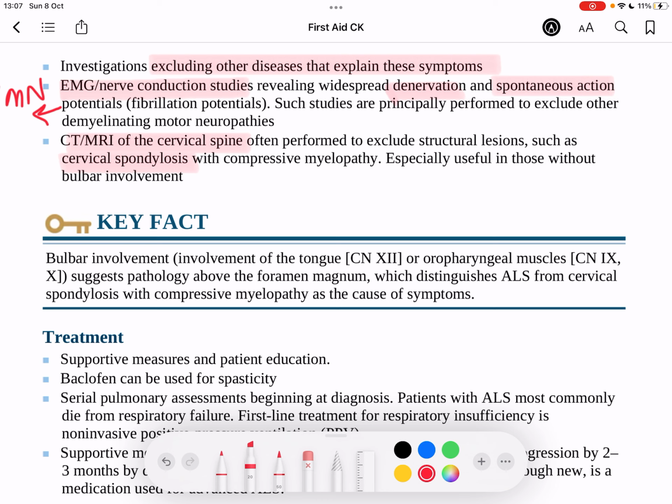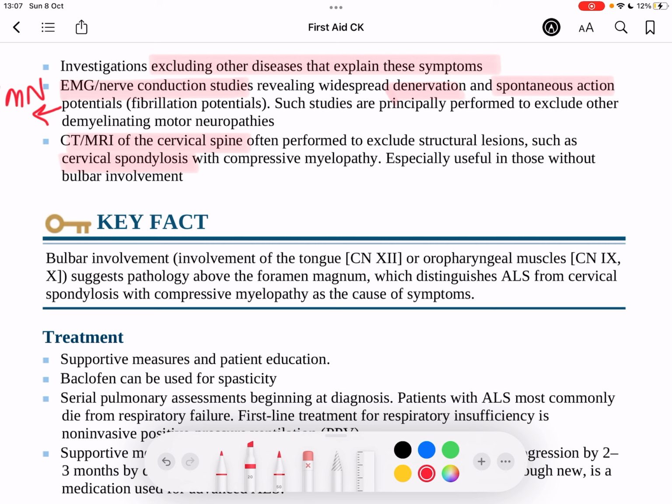Just a general rule of thumb, if somebody has cervical spondylosis, are they going to get cranial nerve signs, any bulbar or pseudobulbar signs? No, because cervical spondylosis is compressing the spinal cord below the cranial nerves. The cranial nerves are within the brain, within the cavity of the skull.